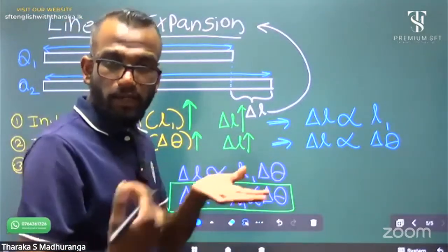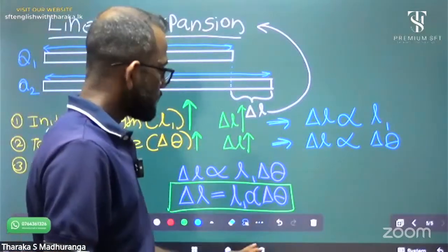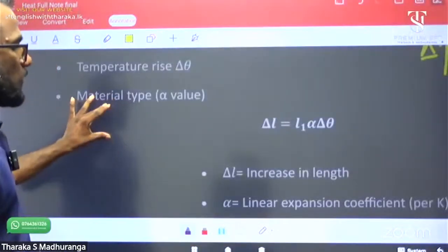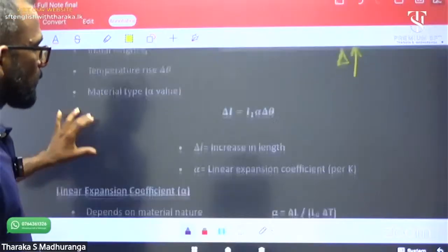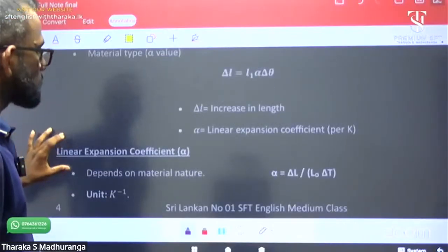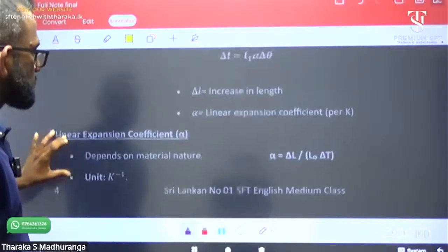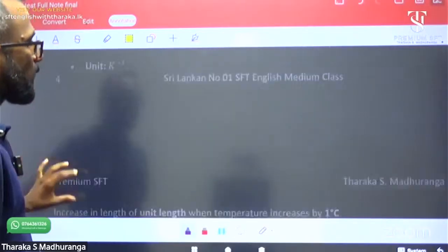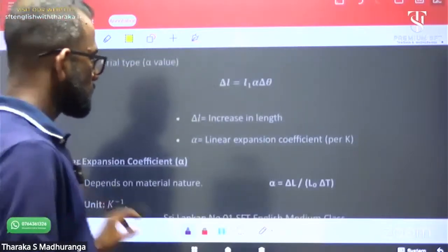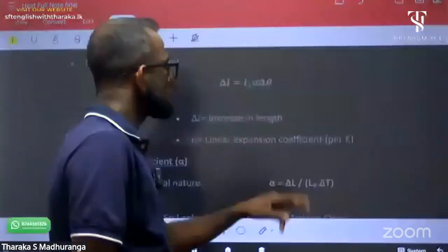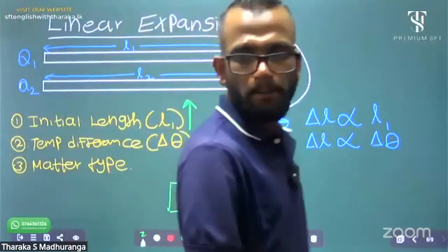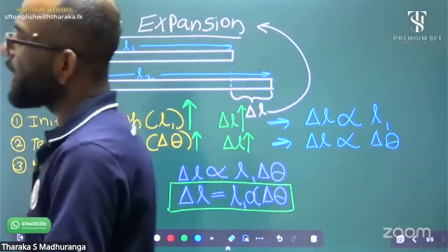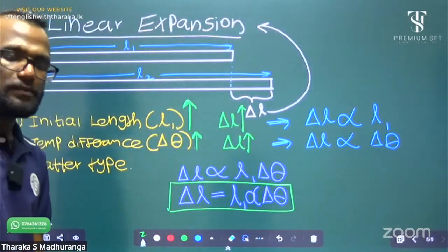Please take a paper and write it down clearly like this. It is the only given equation. Delta L equals L1 alpha delta theta.